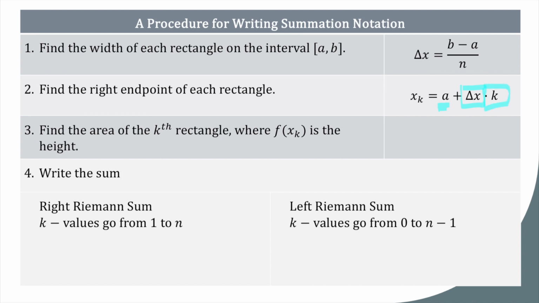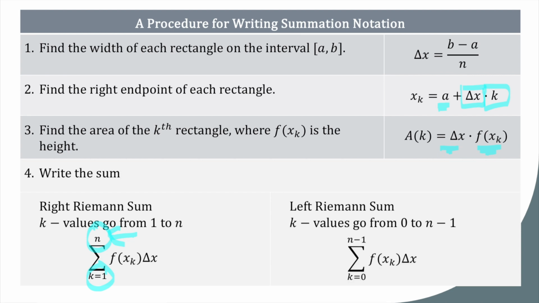The area of the kth rectangle is width times height, delta x times f of x sub k, and then you can write the sum. We did a right Riemann sum, and in that case, the k values go from 1 to n, however many rectangles you have. That's what n is. If you do a left Riemann sum, it's just kind of starting from the other side. So you start at 0 and go to n minus 1. But the expressions are the same.